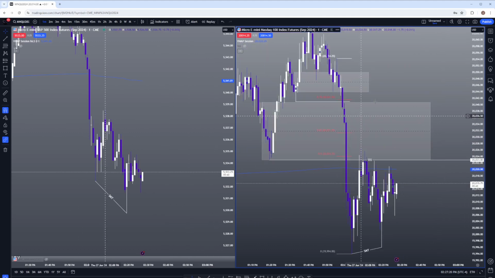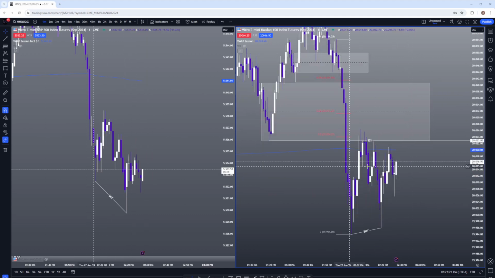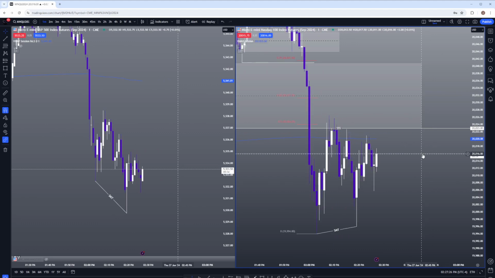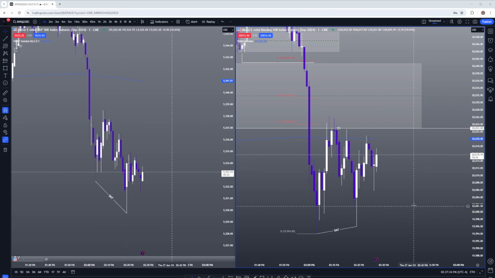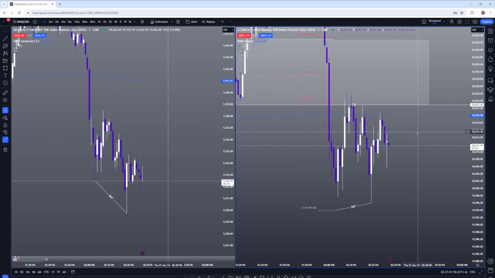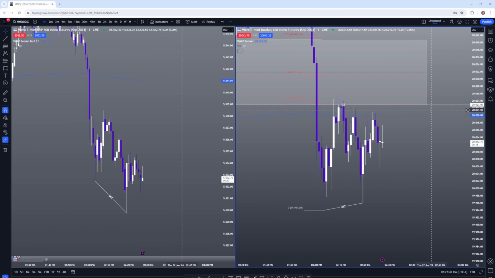All right, we weren't able to catch that initial drop, but we're still able to catch some of this drop here. So now I am just waiting.